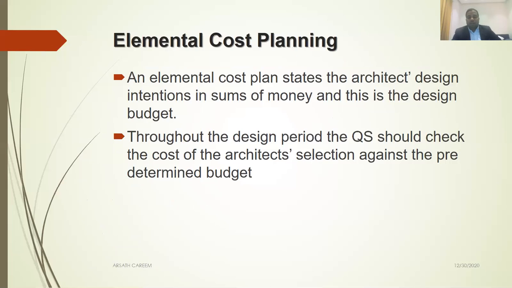The QS should check the budget against the architect's design regularly and identify the deviation, communicate with your project team, and take any action required. For example, if it is over budget, you can redesign, change the material specification, or conduct a value engineering. There are other mechanisms available, which will be discussed in later slides.